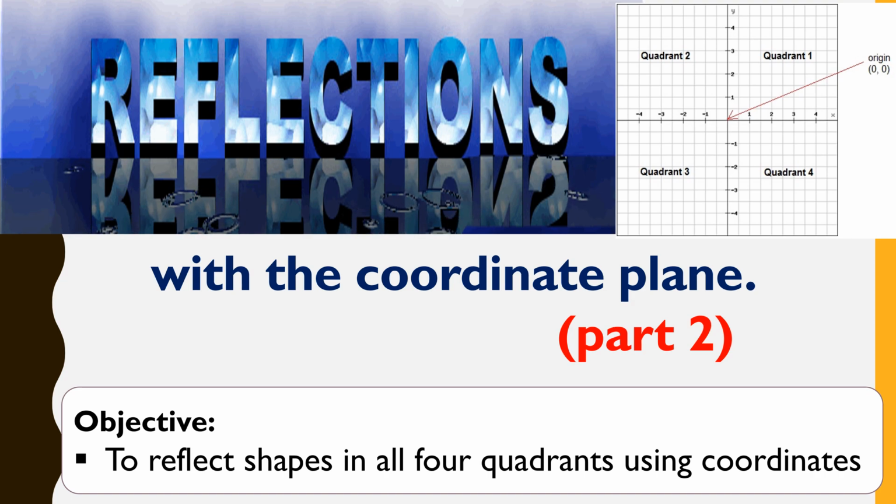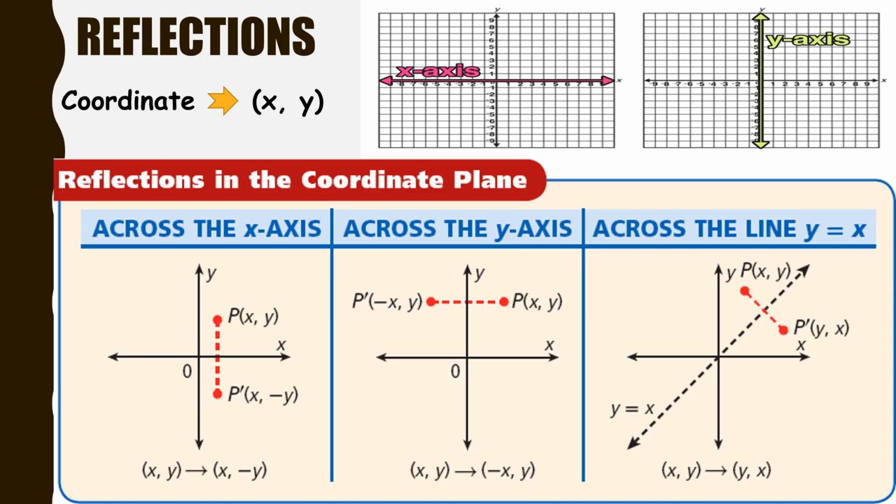So the intersection of the x-axis and the y-axis is called the coordinate plane. We have the x-axis as the horizontal line, and we also have the y-axis as the vertical line. So to write your coordinates, we write it this way: x comma y. The x coordinate comes before the y coordinate.